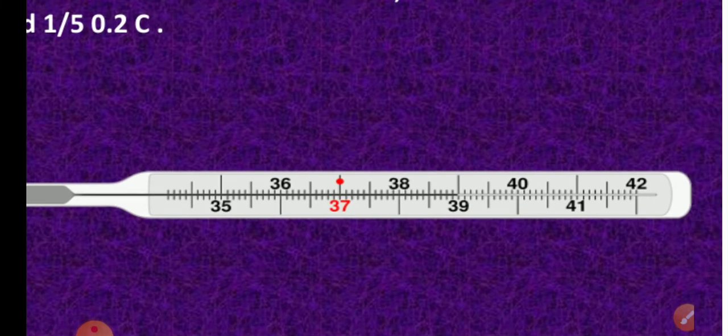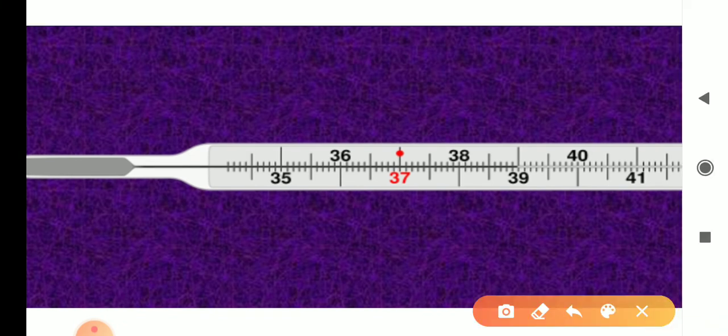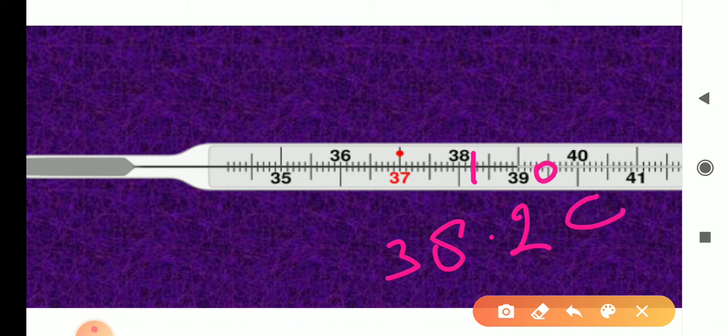Suppose it is here. Then what will be the temperature? It will be 38.2 °C. Is it okay? Okay. Now next.